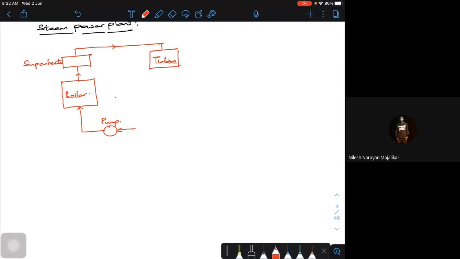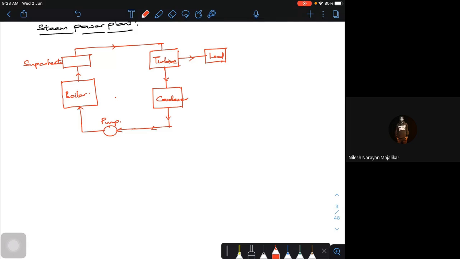To the turbine, I am going to connect the load, that is your generator or whatever it may be. And from the turbine, it is connected to the condenser. So this is my condenser. Then it will come back to your pump.